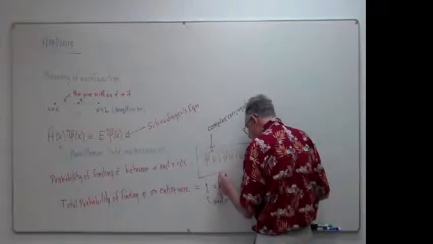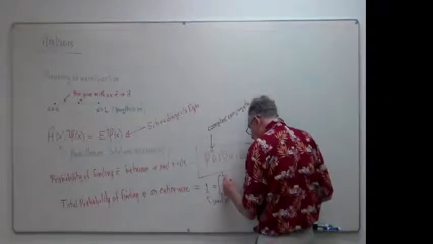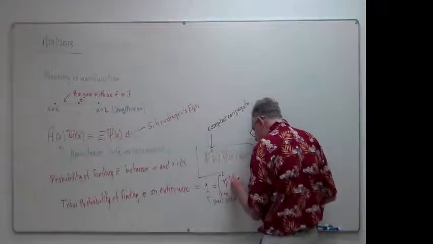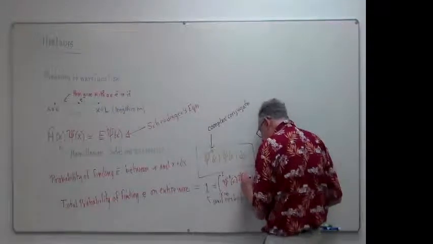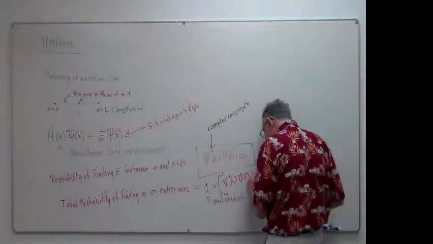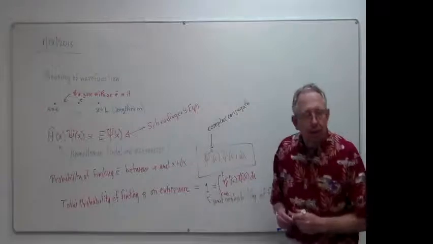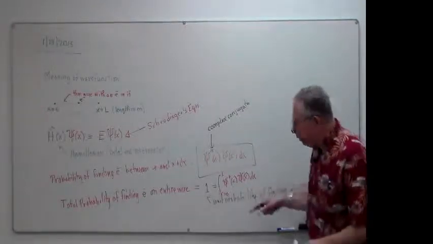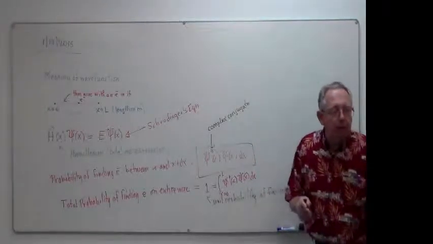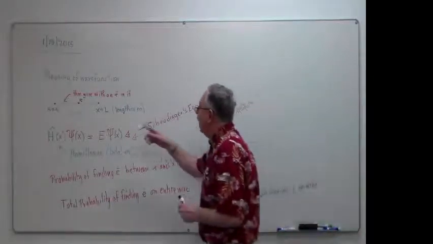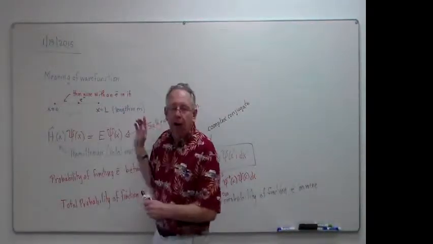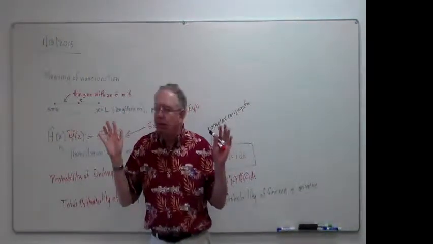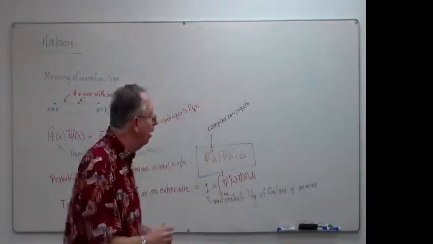X goes from 0 to L of psi star of x, psi of x dx, which is equal to 1. That's 100% unit probability. If I add up all the probabilities off this whole wire, it's got to add up to unit probability. It's somewhere on that wire, okay?